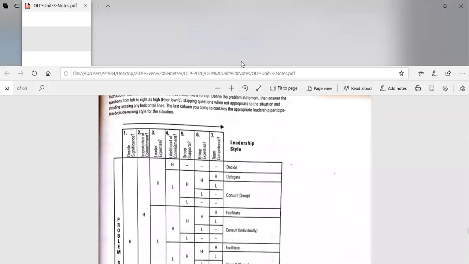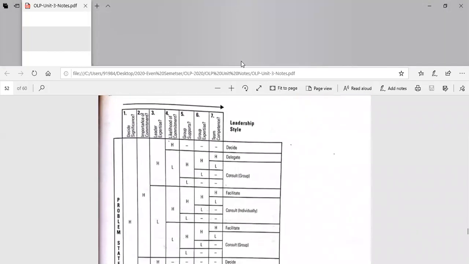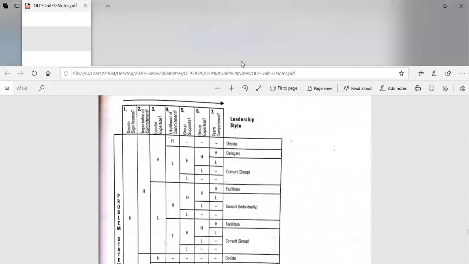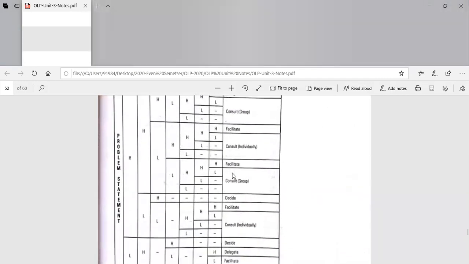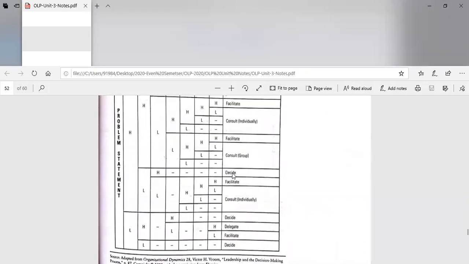You can see at the right side all of these: decide, delegate, consult, facilitate, what we have discussed just now. Then based on the 7 questions or variables: decision significance, importance of commitment, leader expertise, likelihood of commitment, group support, group expertise, and team competence. Based on that it will be done.